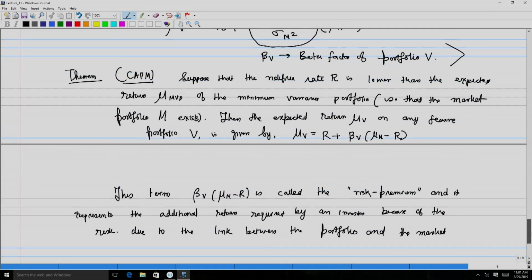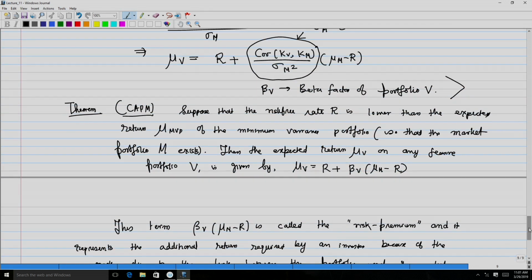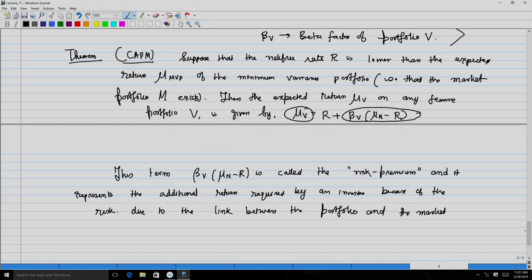So, in some sense what this does is that you invest in a particular portfolio whose expected return is mu v, and this is the risk premium, which is basically the additional return that is expected by the investor because of the risk taken, and this risk here can be attributed to the factor of beta v.